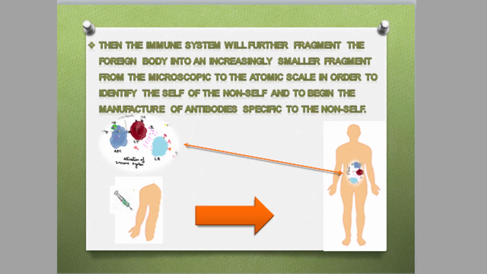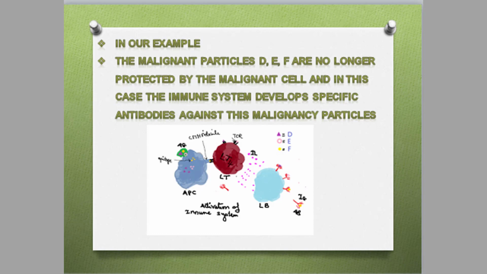Then the immune system will fragment the foreign body into increasingly smaller fragments, from the microscopic to the atomic scale, in order to identify the self from the known self and to begin the manufacture of antibodies specific to the known self.